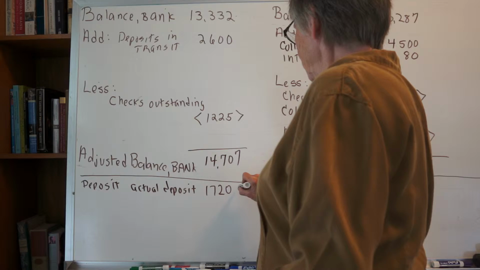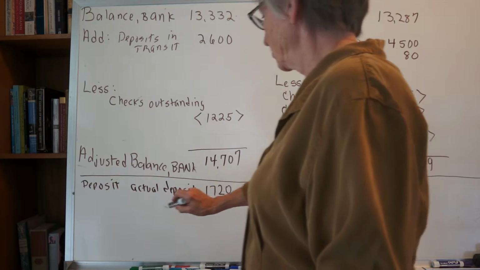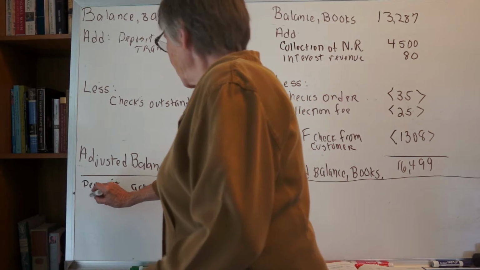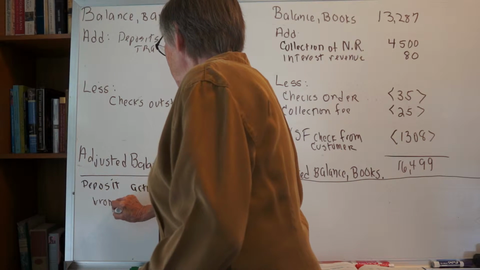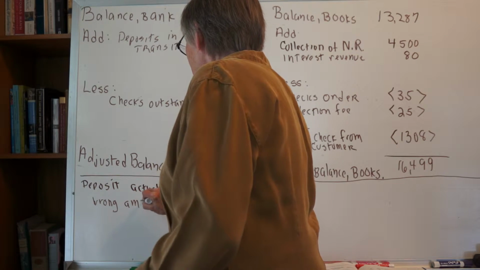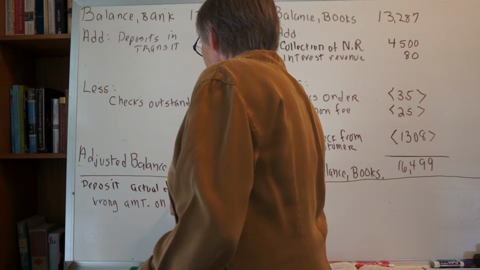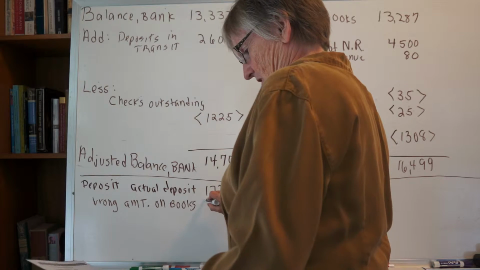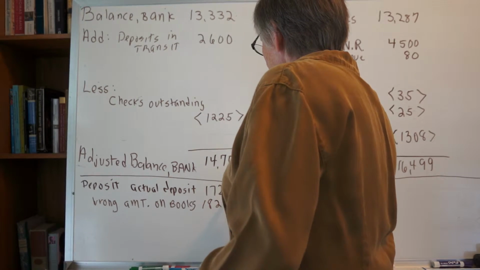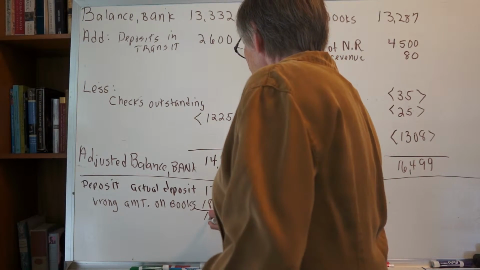And that's the correct amount, okay? That's good. The wrong amount entered on the books was $1,820. So we're going to have to make an adjustment of $100.